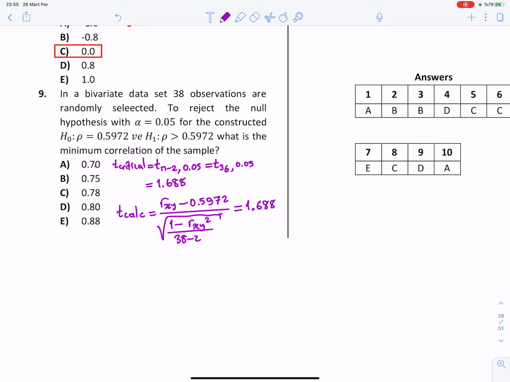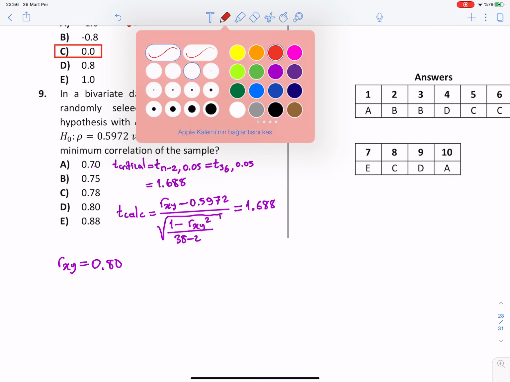If you use this way, you may get the answer in a shorter time. I'm not gonna perform this calculation for you, but if you try it yourself, you'll see that the answer is 0.80. I know this answer from the key answers. So the correct answer is 0.80.